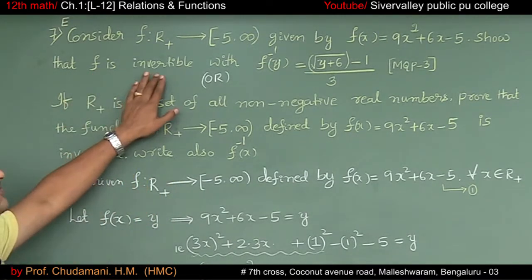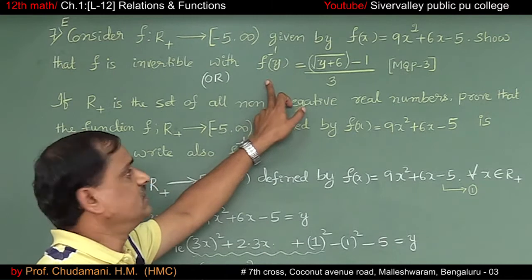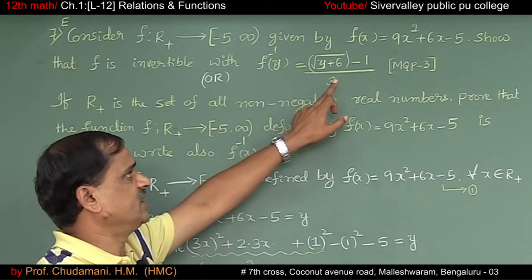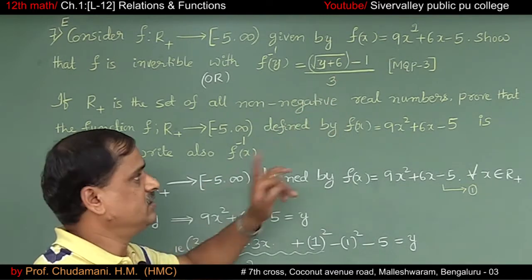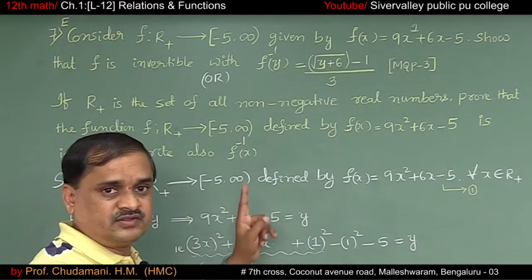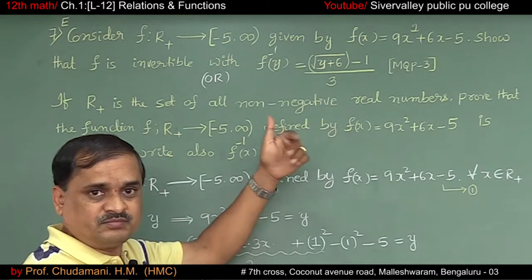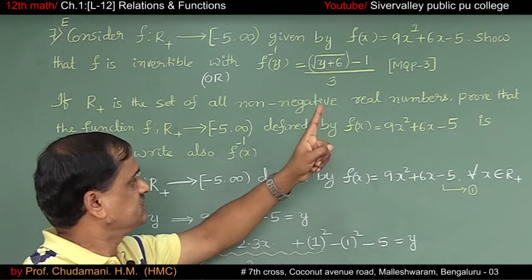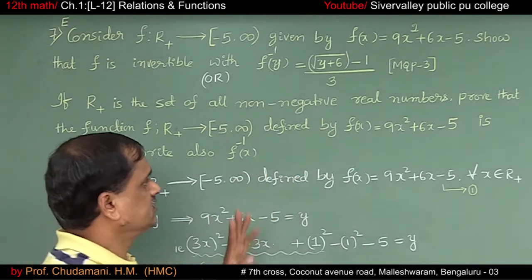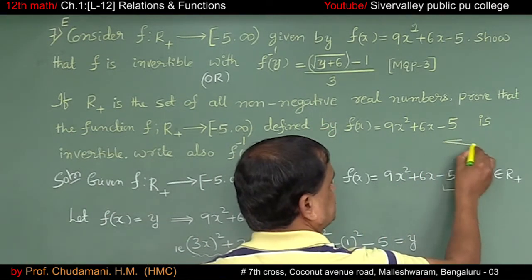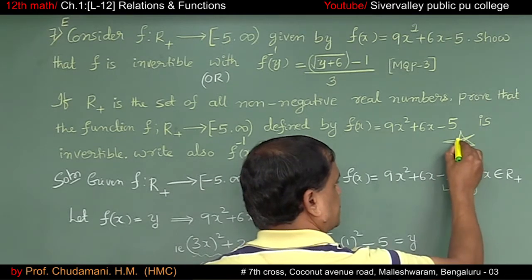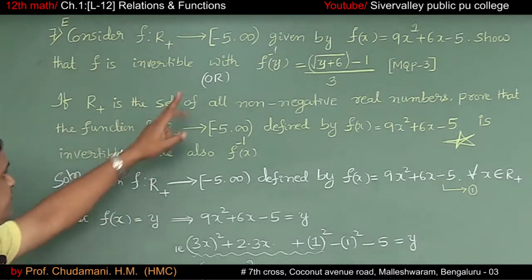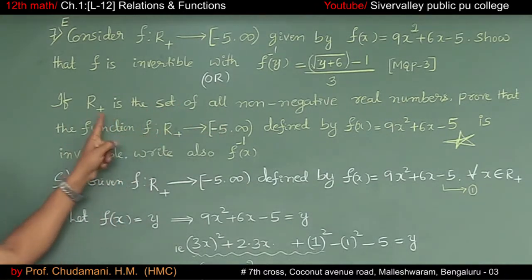Show that f is invertible with f inverse of y equals root of y plus 6 minus 1, divided by 3. It's there in the model paper. The same type of problem as the previous one has appeared twice. So this is the problem which is left unasked, so we can expect this for your examination, a good question. The same question can be asked like this.